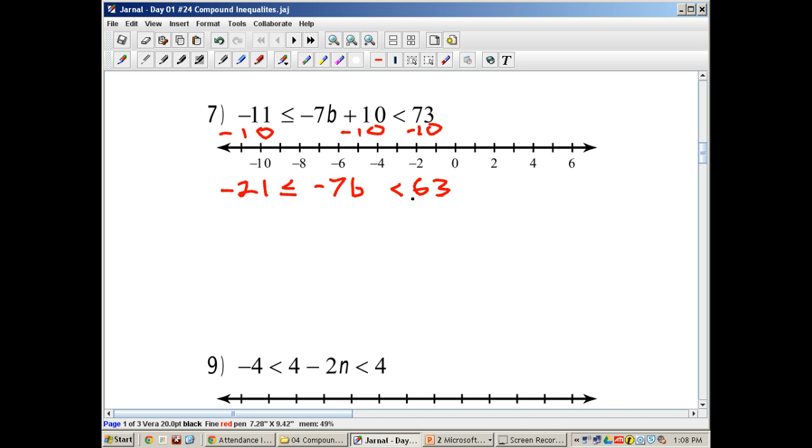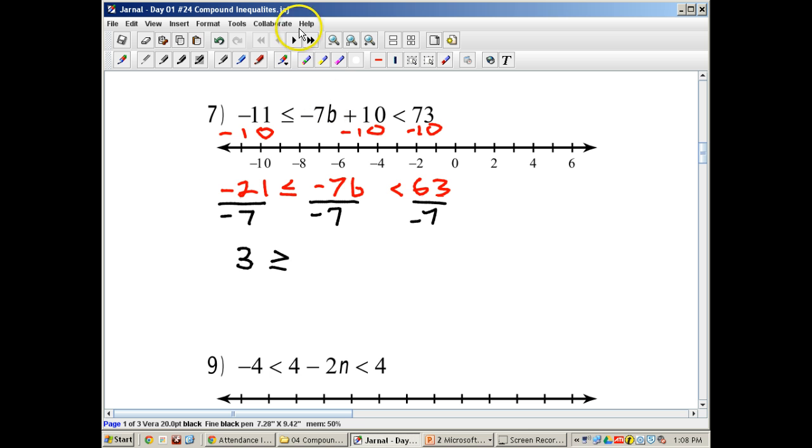What's different about this? Divide by... So we have positive 3, and then we switch the signs.